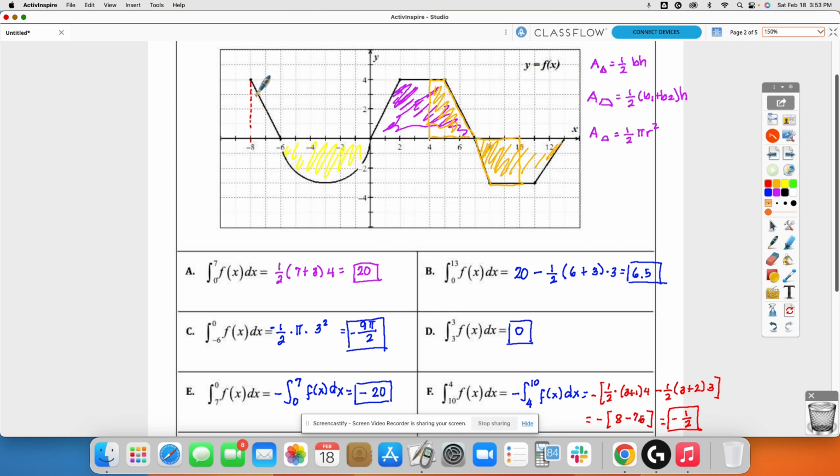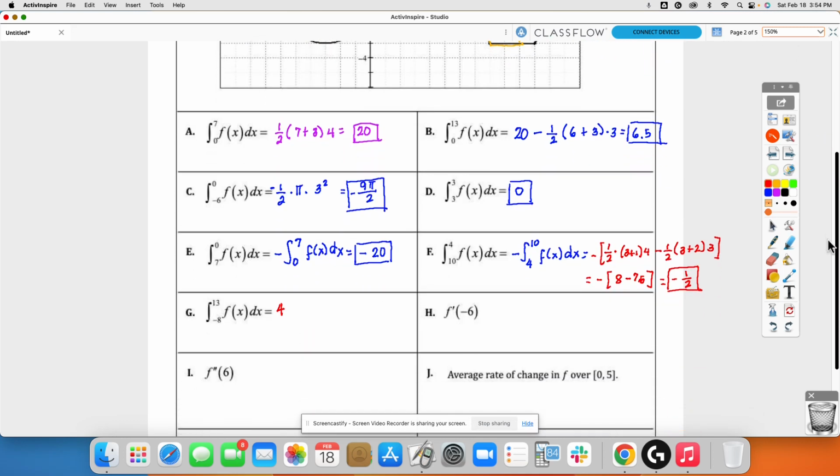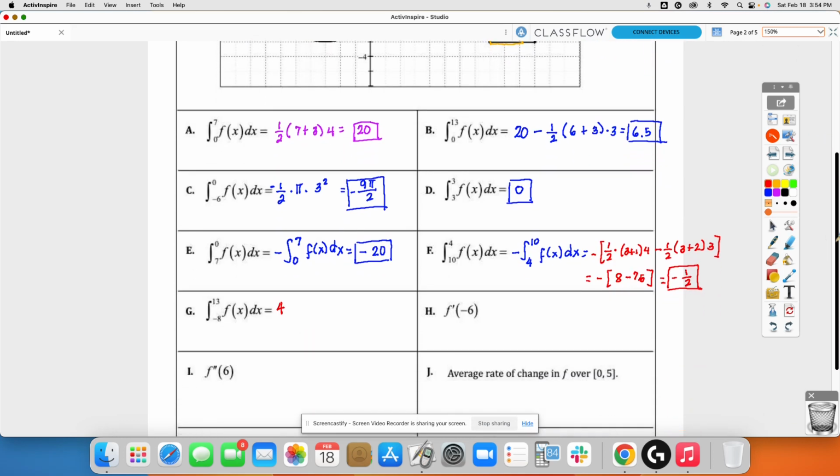So from negative 8 to negative 6, that is equal to 1 half. Base is 2, height is 4, so that would be equal to 4. Okay, so I guess that's the only piece we're missing. And it's above the x-axis, so it would be positive 4.